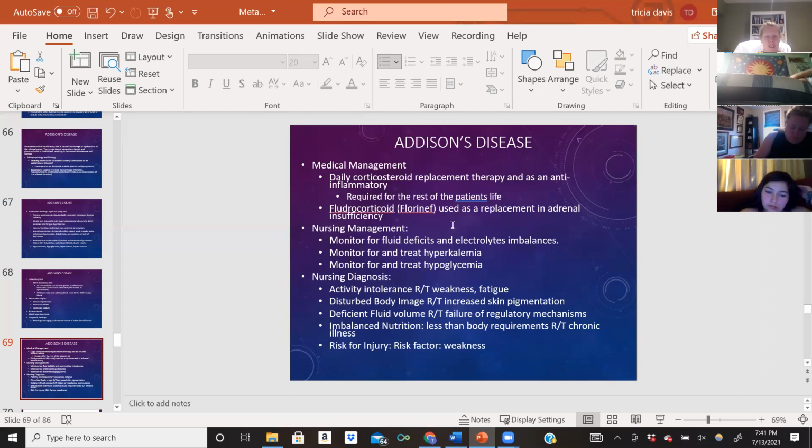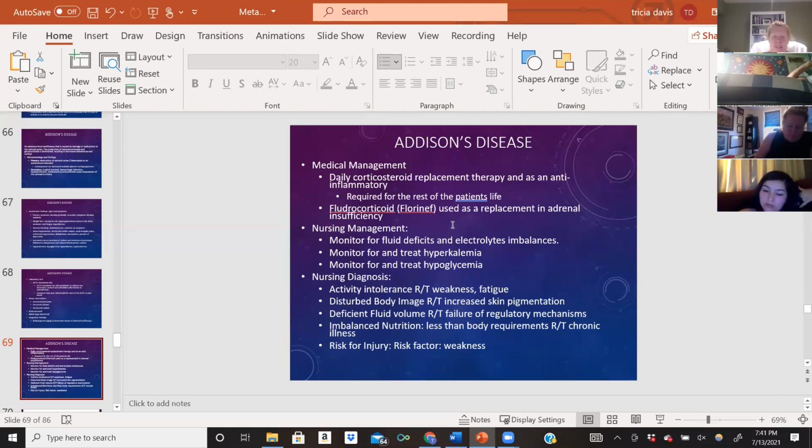So for nursing management, what are we going to do? We're going to be mindful to monitor those fluid deficits, monitor those lab values, those electrolyte imbalances. We need to know what signs and symptoms to look for with the hypoglycemia and hyperkalemia and hypercalcemia.